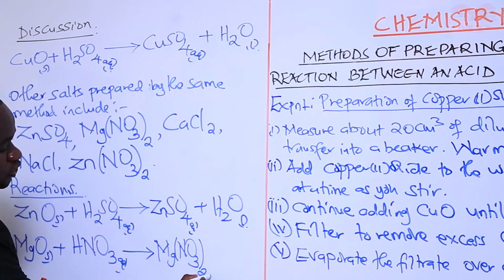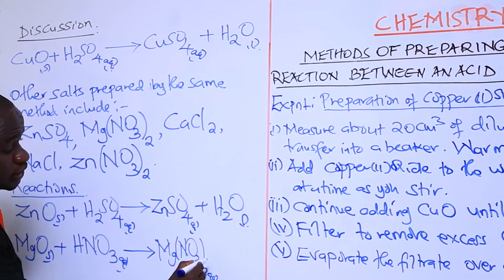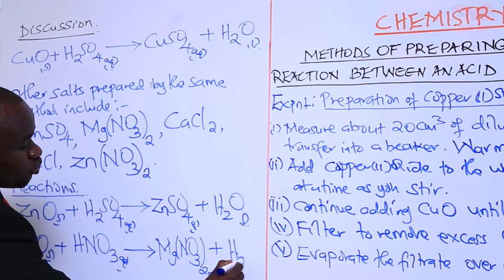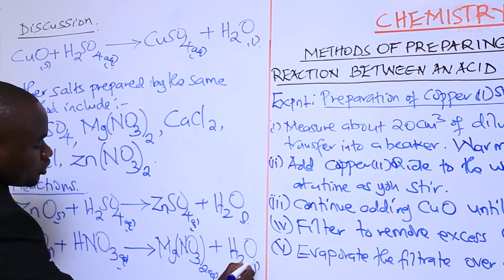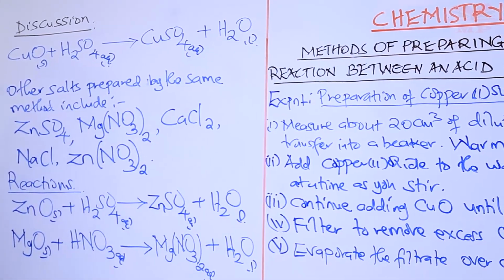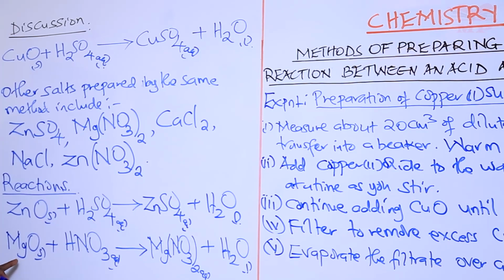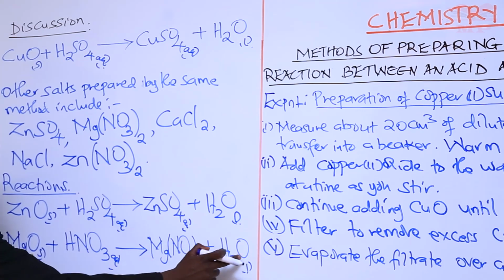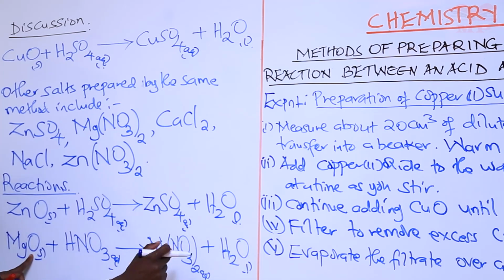When you're writing the formula, you should be careful with the valencies and water. So let us check if it is balanced. Magnesium atom is 1 on the left, 1 on the right. Check oxygen atoms: 1 on the left plus these are 4. This side has 3 times 2, that is 6. You add 1, 7. So that means oxygen atoms are not balanced.